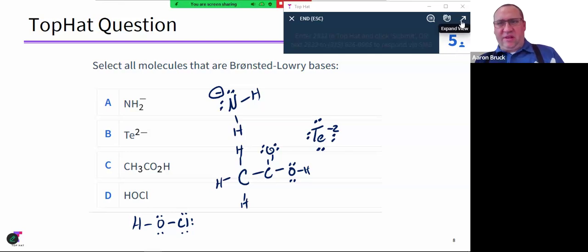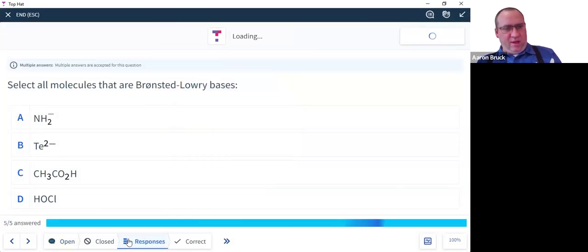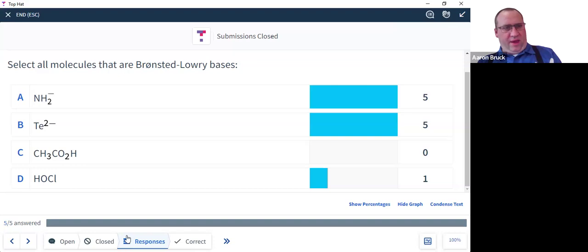All right, this one I feel is a little bit more clear cut. Okay, the majority of you have picked ones I would pick as well. I would have picked the amine ion there. I would have picked the telluride ion.